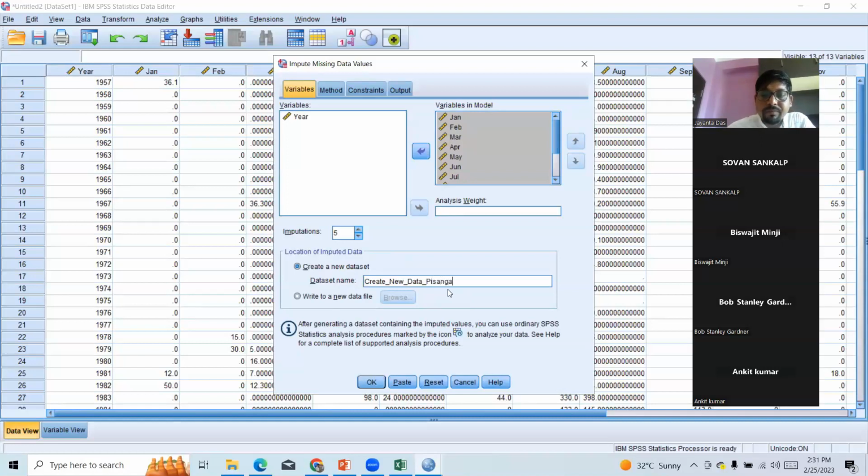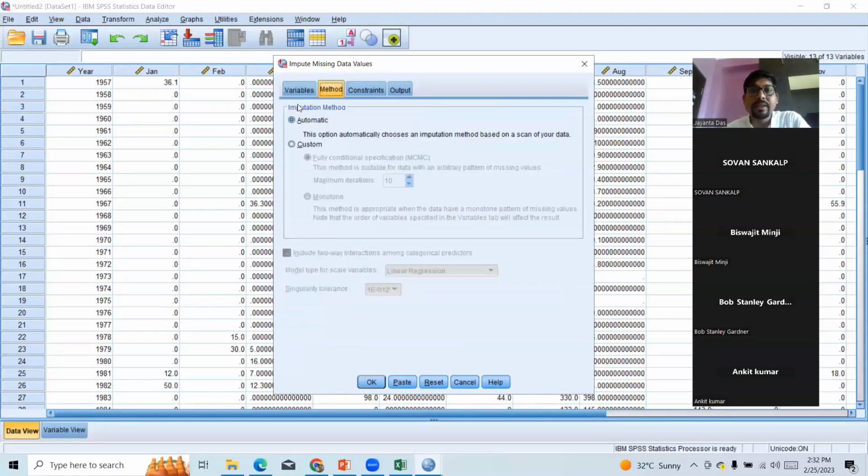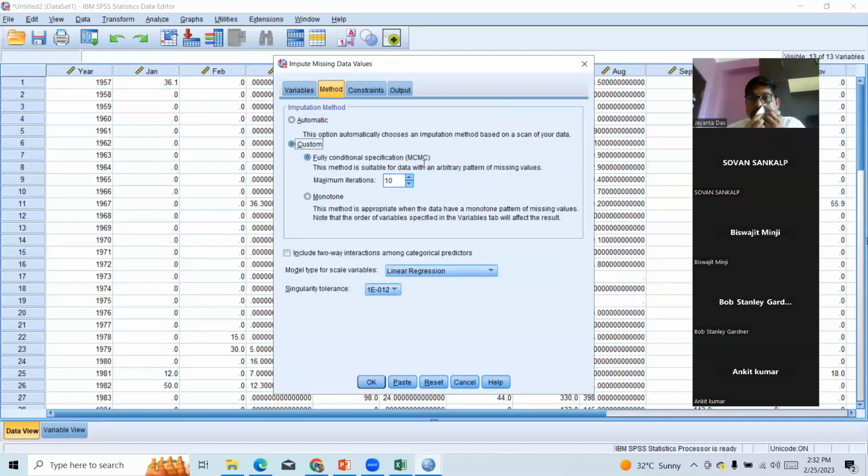Okay, now go to this Method section. See, there are many methods. It's automatic. In case of custom, you can see the MCMC method, that is the Monte Carlo Markov chain model. The Monte Carlo Markov chain model is basically calculated for an arbitrary pattern. But if it is a monotone pattern, then you should select monotone.